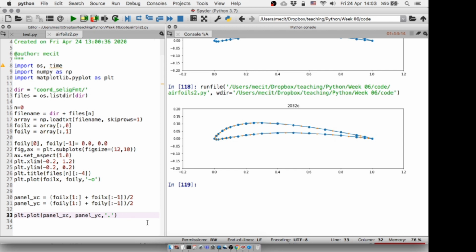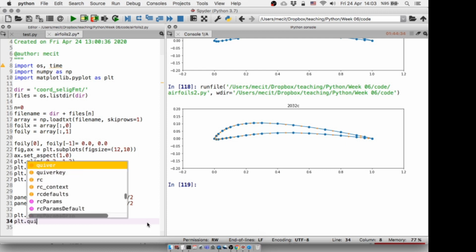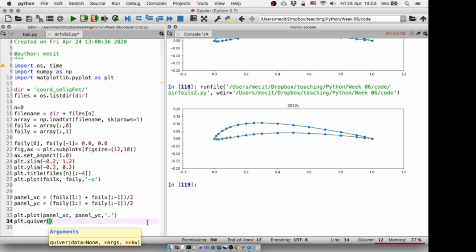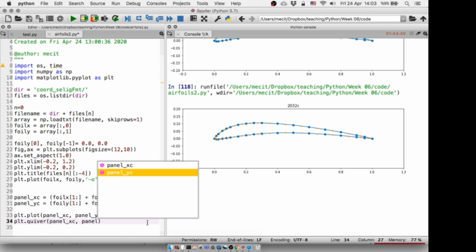What can I do with that? Well, I can do quite a lot actually when I have the panel X and panel Y centers. How about I put a vector on the panel coordinates? Just any vector. Remember, we do curve plots at panel XC and panel YC.